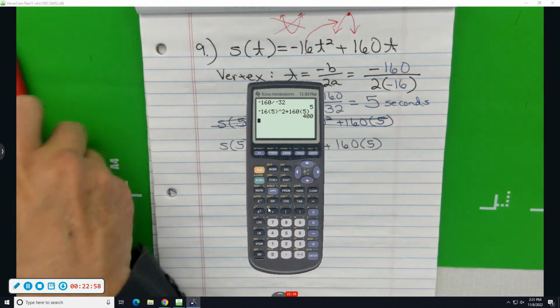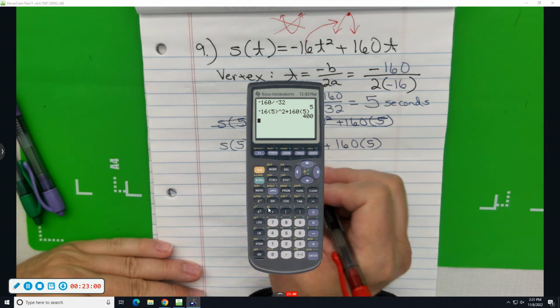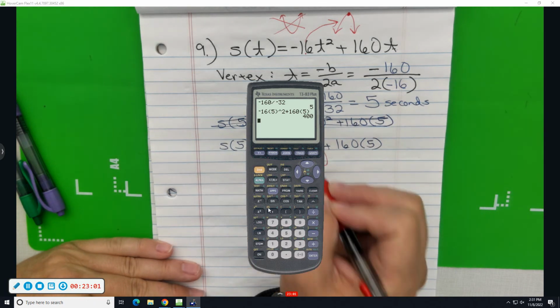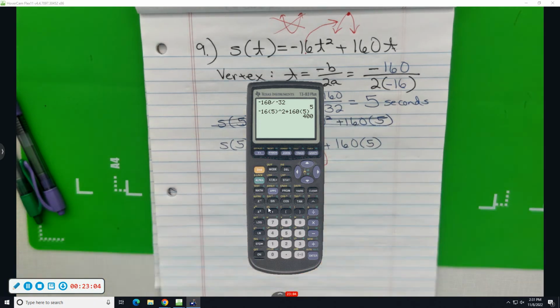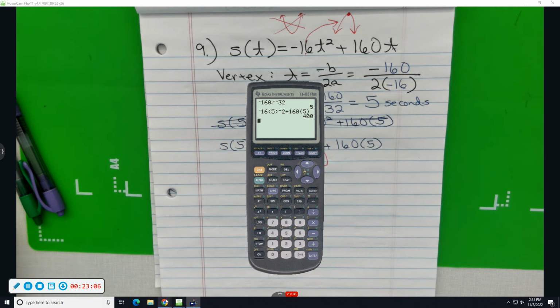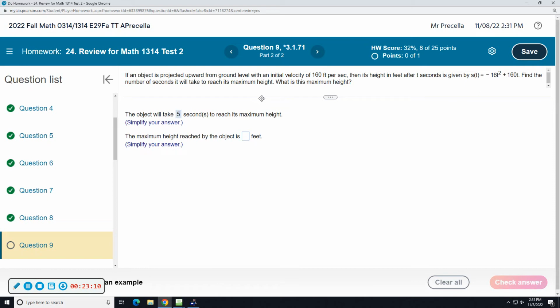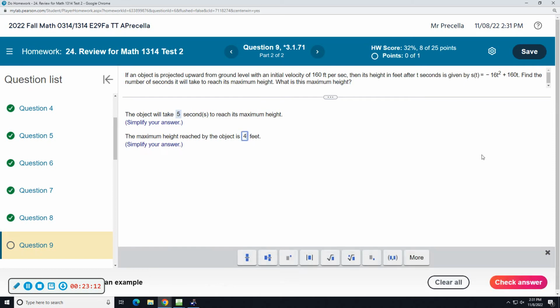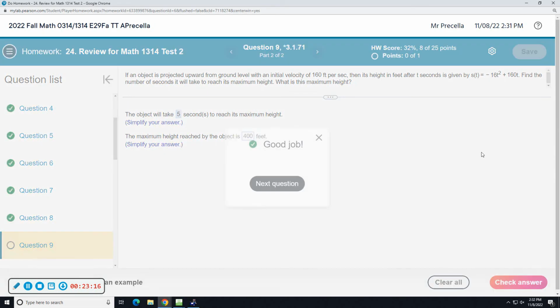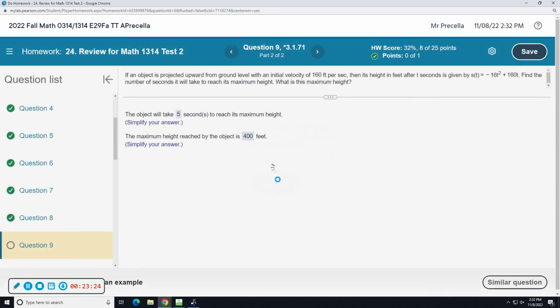So this object went up in the air 400 feet. That's as high as it got, and then it started falling back to Earth. So the answer is 400 feet. Any questions there? Okay, and next one.